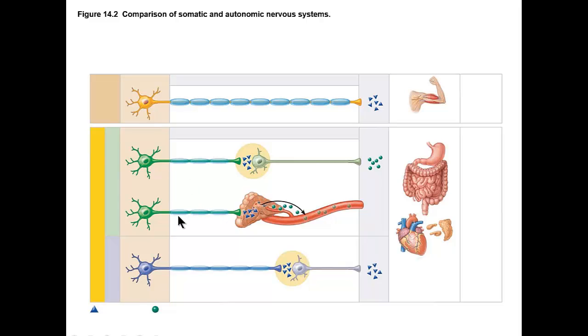And then we talked about neural control as an exception to that rule, that in this case we have a sympathetic neuron stimulating the adrenal medulla to release epinephrine to the blood. So this is an example of neural control of hormone release. So there is no postganglionic neuron in this case.